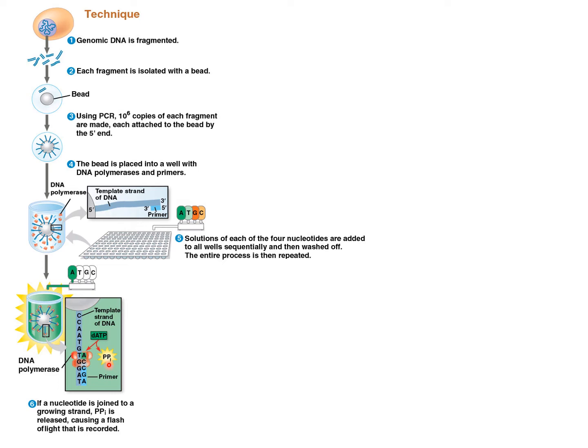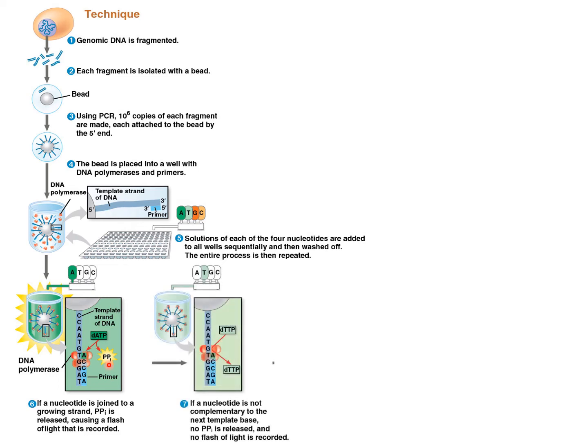And you saw that picture that I showed you before, right? So it detects that, and a larger flash of light represents more than one of the same nucleotide being incorporated, so you get a larger peak. If a nucleotide is not complementary and is not incorporated, then there's no release of pyrophosphate, so there's no flash of light.